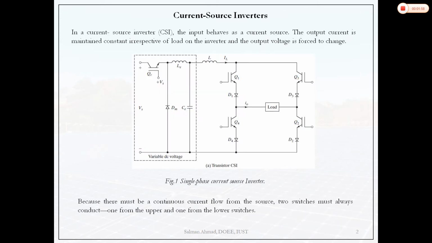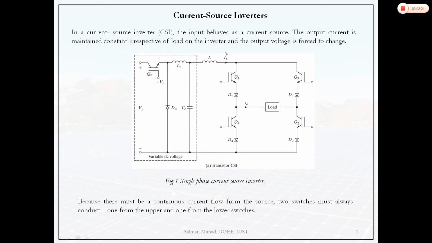So here you can see that if two switches are turned on in the same leg, there is no possibility of short circuit like in the voltage source inverter. Rather, in modulation and control techniques you will see that in current source inverter the current is bypassed from the load by turning on two switches in the same leg.